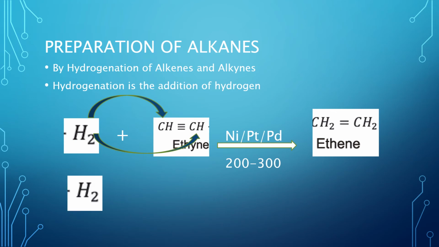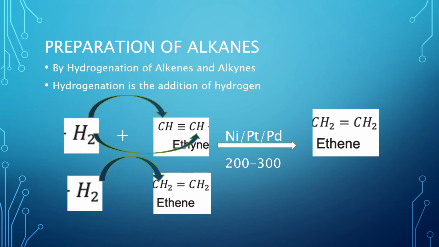Now the ethene will be further hydrogenated, or you can say the hydrogenation process will also take place in ethene. So hydrogen will be added to the ethene molecule: 1 hydrogen atom will be added to 1 carbon atom, and the second hydrogen atom will be added to the other carbon atom.